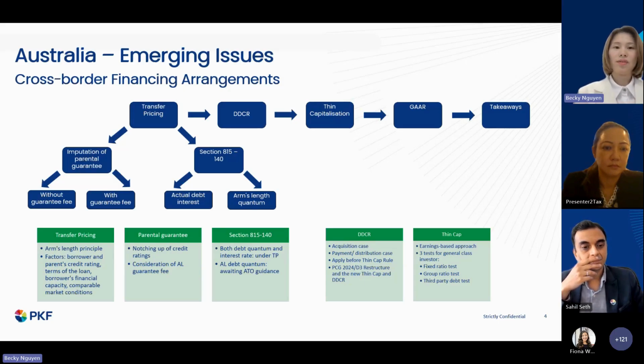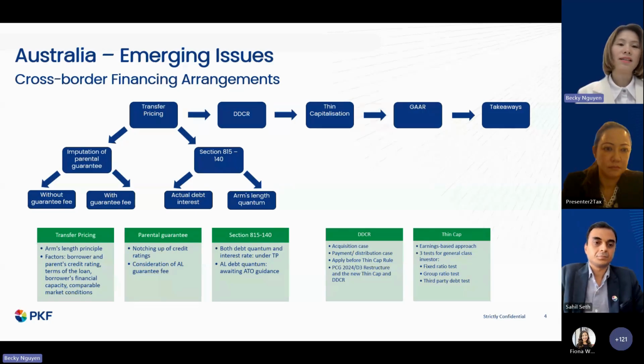For example, an Australian subsidiary borrows funds from overseas related parties, or extends funds to overseas related parties. On this slide, we outline the key steps that taxpayers are expected to undertake to ensure that cross-border financing arrangements are defensible from a transfer pricing perspective.